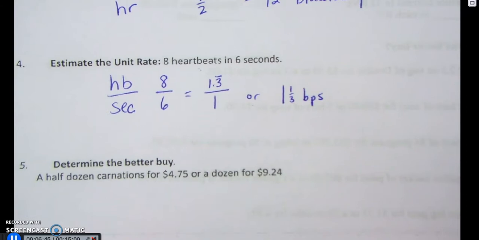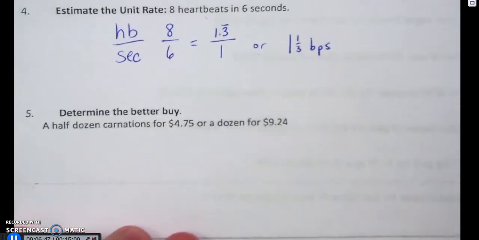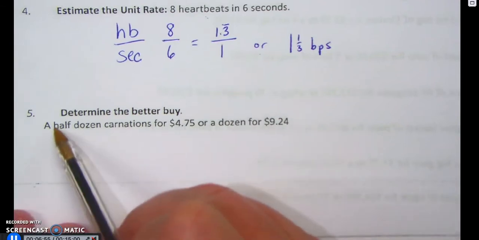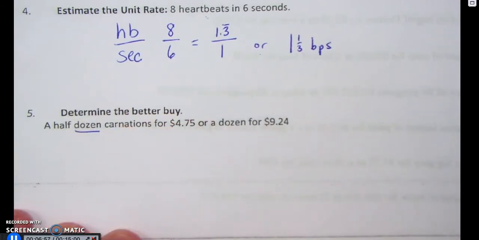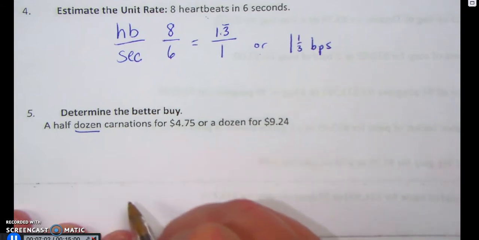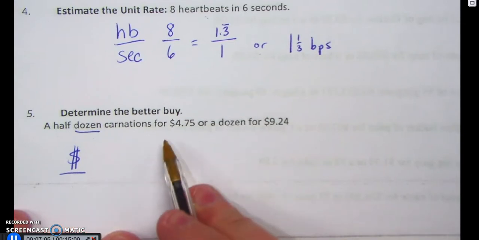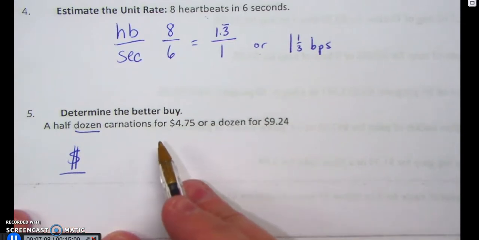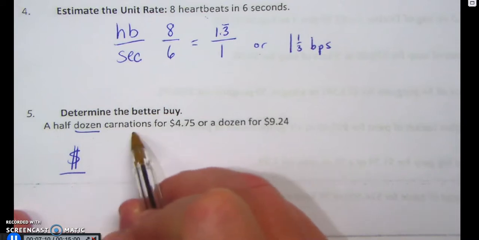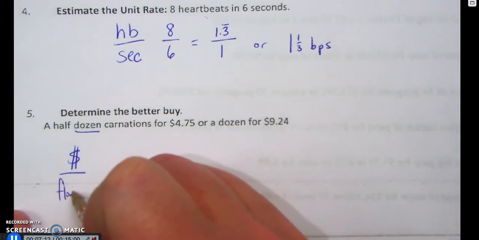Okay. All right, now determine the better buy. Half a dozen carnations for $4.75, or a dozen for $9.24. Okay. Well, first of all, you got to know how many a dozen is. A dozen is 12. Okay. So we're doing money over, we'll say carnations are flowers, so money over flowers.